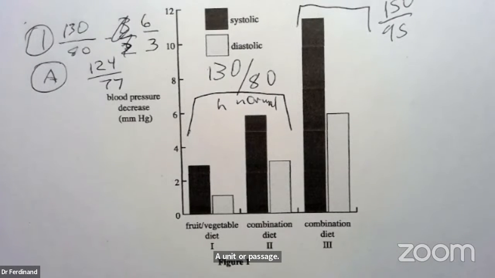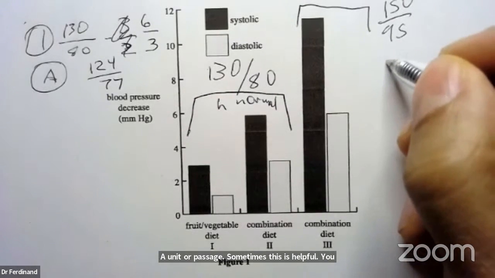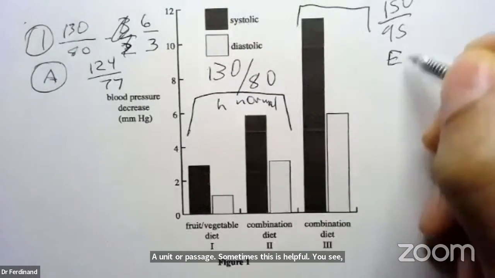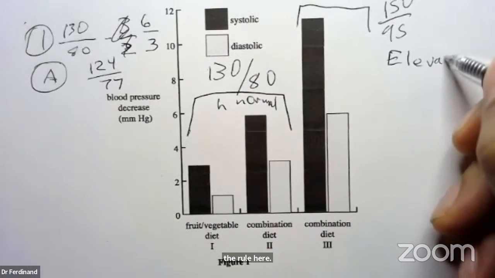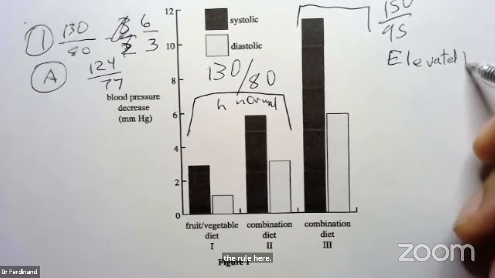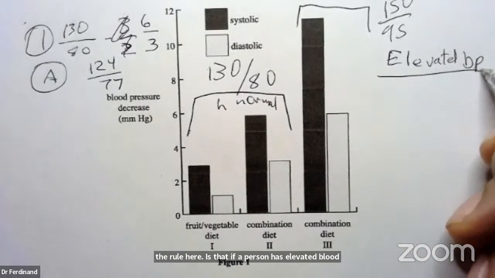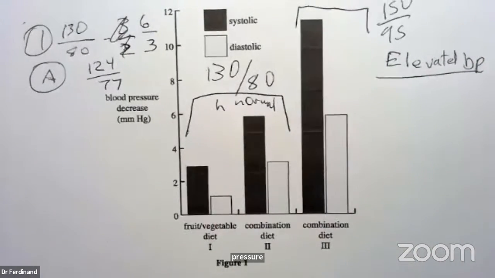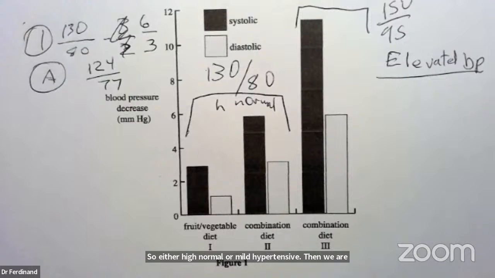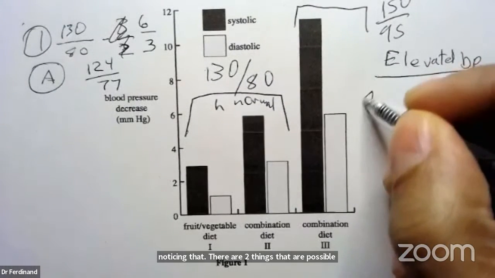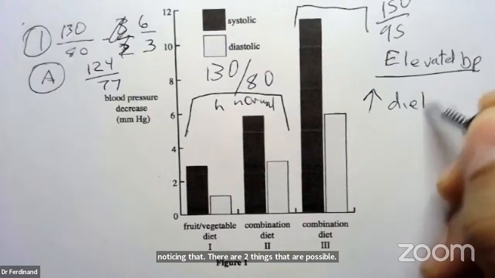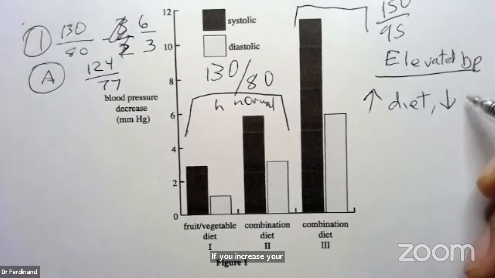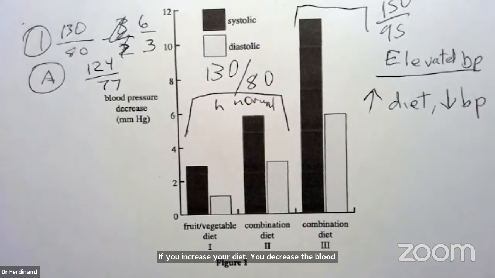The rule here is that if a person has elevated blood pressure, so either high normal or mild hypertensive, then we are noticing that there are 2 things that are possible. If you increase your diet, you decrease the blood pressure.